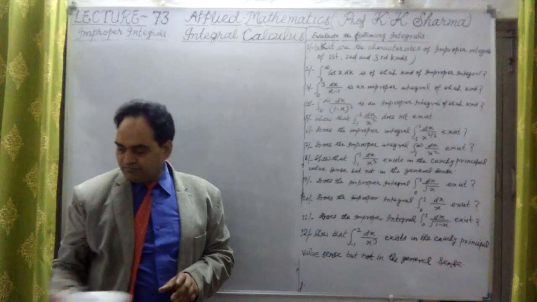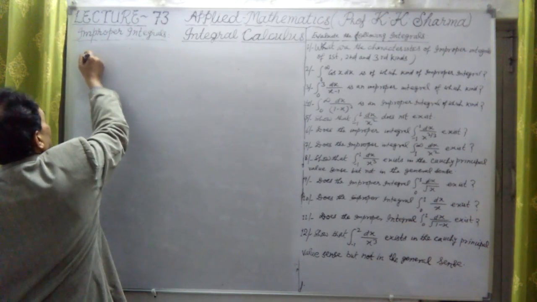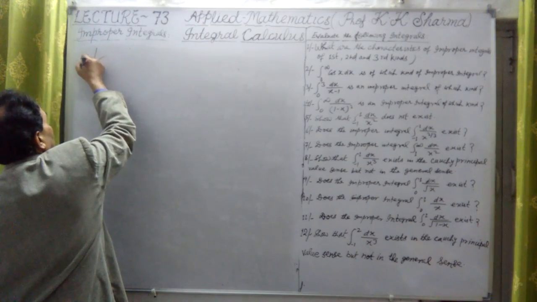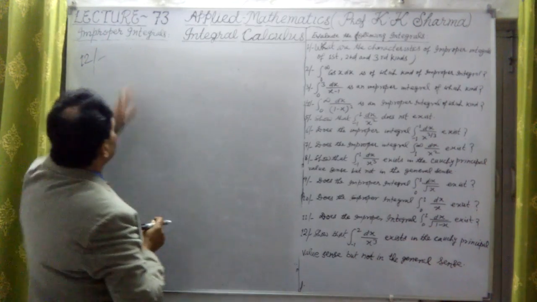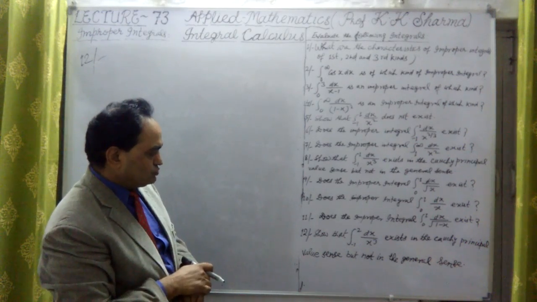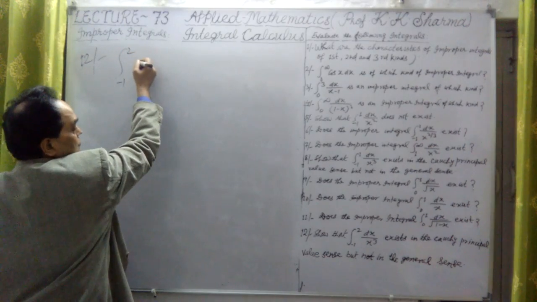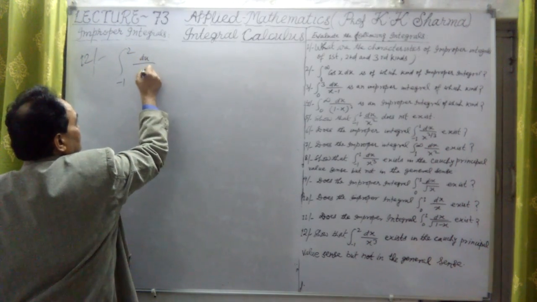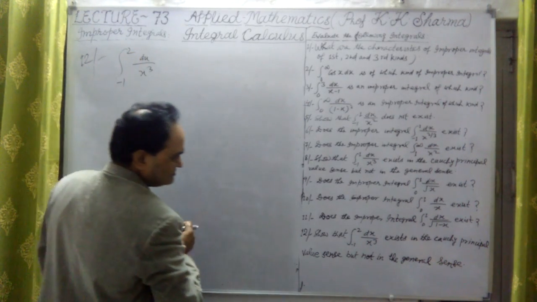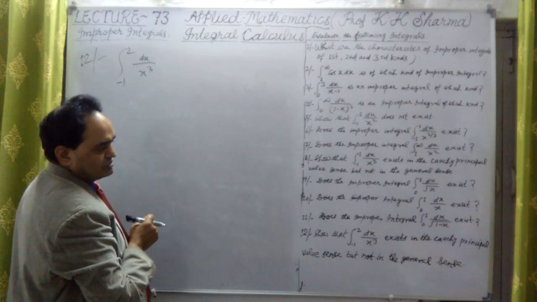Now let me talk about the next question. This is the 12th question. What does it say? The integral from -1 to 2 of dx upon x cube exists in the Cauchy principal value sense, but not in the general sense.